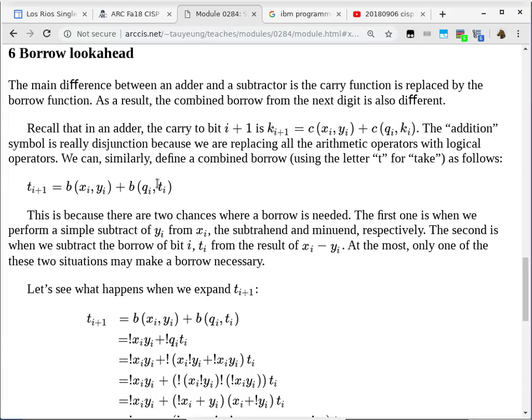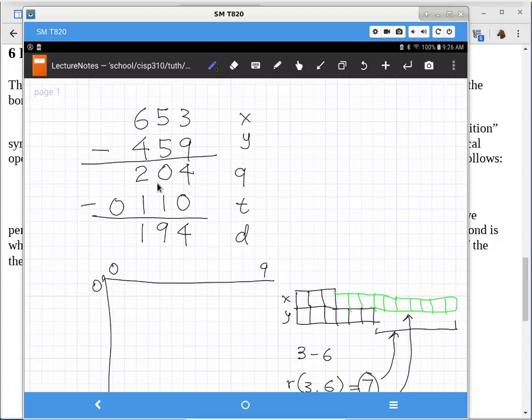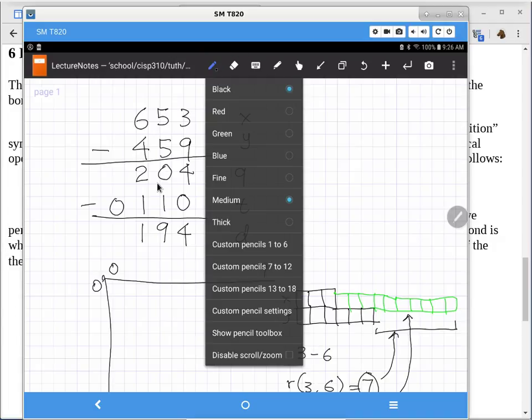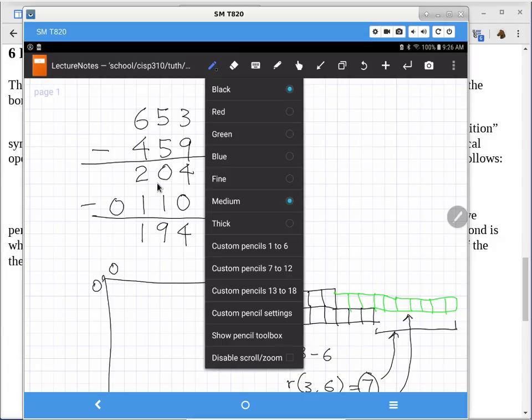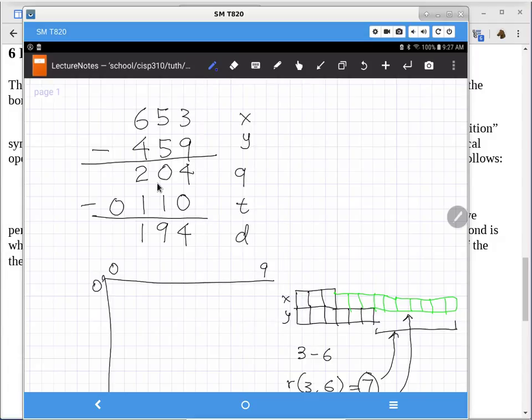Let me switch back to the tablet, because the tablet view would actually show you right away. Okay, this is a very good example. Let me see if I can use a color to help illustrate it. I'm going to use blue this time. Okay, so there are two sources of borrowing.